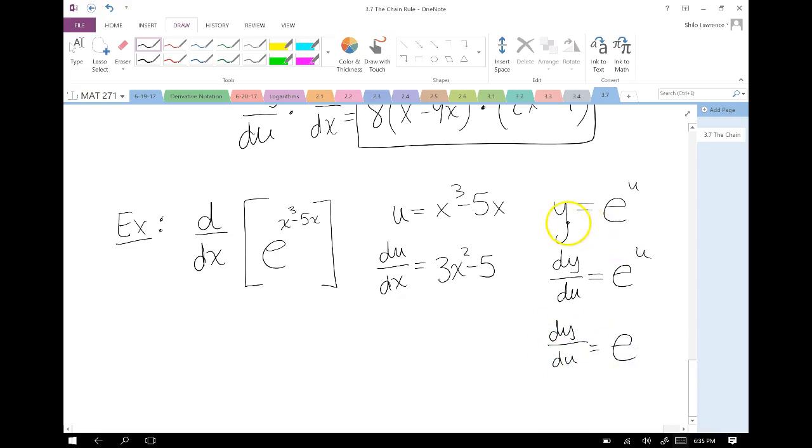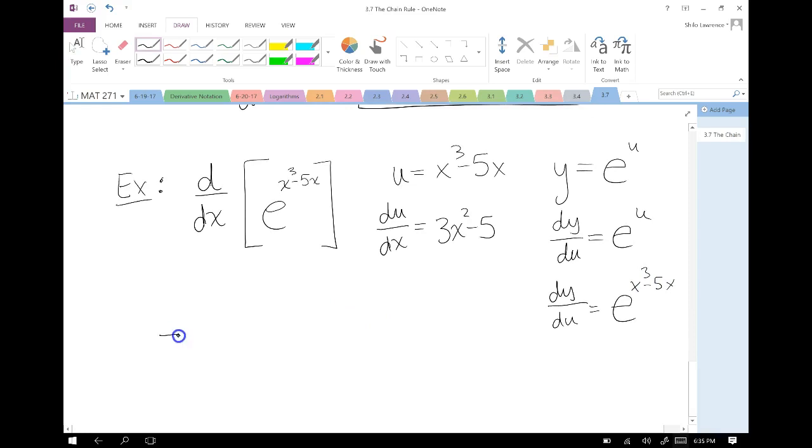So if we plug the u back in, it's e to the x cubed minus 5x. And our final derivative is just these two individual derivatives multiplied together. So 3x squared minus 5 times e to the x cubed minus 5x.